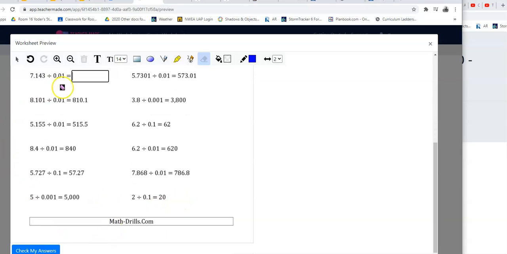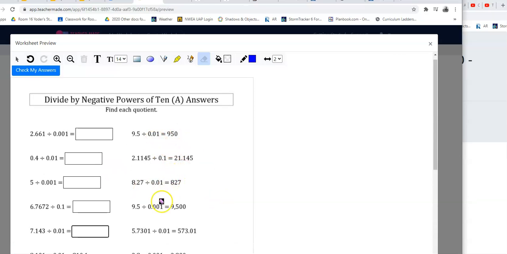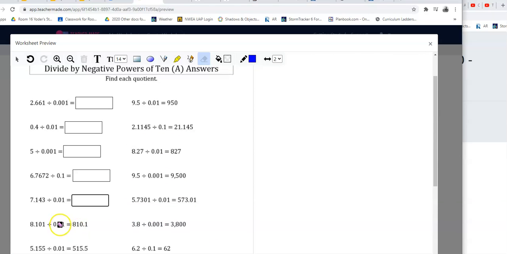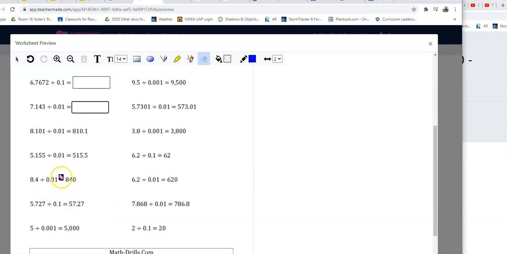The reason I had it show you all of the answers to the other problems, you should be starting to come up with an idea of what a pattern is when you are dividing by powers of 10. Powers of 10, remember, have zeros and ones. That makes them a power of 10.